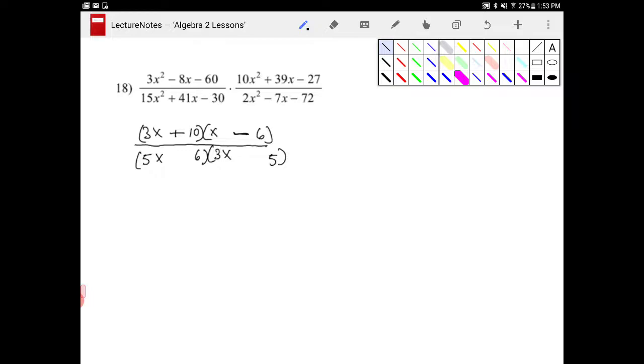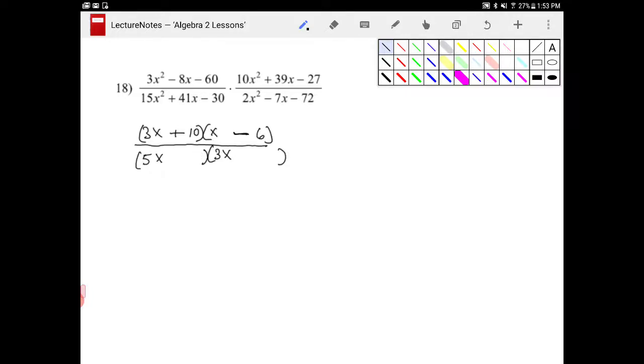I won't get 41 still. If it's 10 and 3, that's 30 and 15. That will get me 45. That will not get me 41. That's not good.